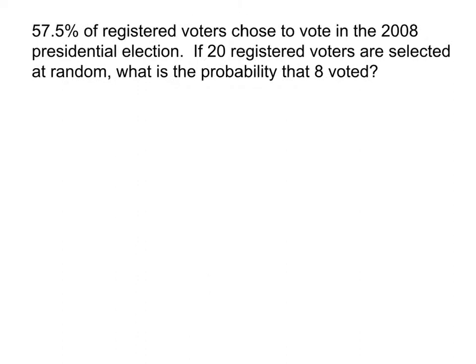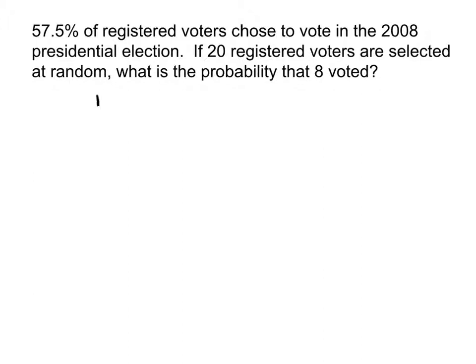So let's look at an example. 57.5% of registered voters chose to vote in the 2008 presidential election. If 20 registered voters are selected at random, what is the probability that only 8 voted?